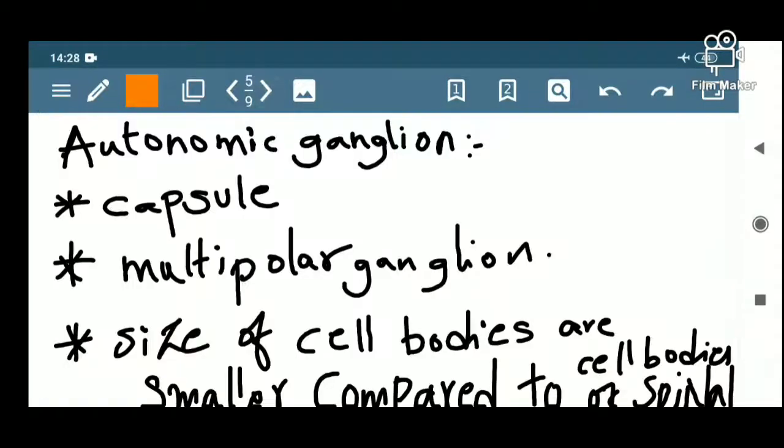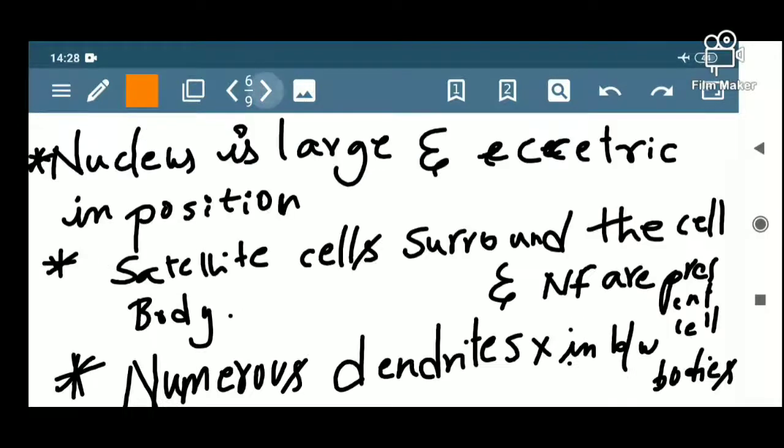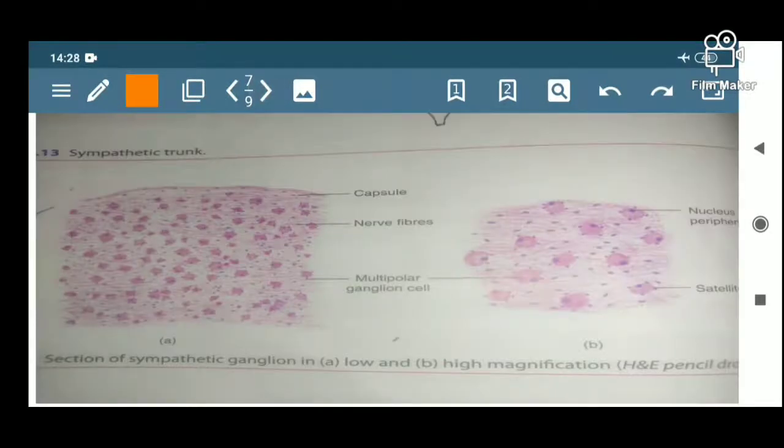So let us go to the next thing, that is the autonomic ganglion. You can see that the autonomic nervous system contains two parts, sympathetic and parasympathetic. Likewise, in the autonomic ganglion we have two, that is parasympathetic ganglion and sympathetic ganglion. So let's go to the histological features of autonomic ganglion.